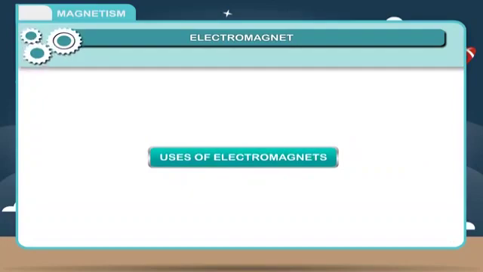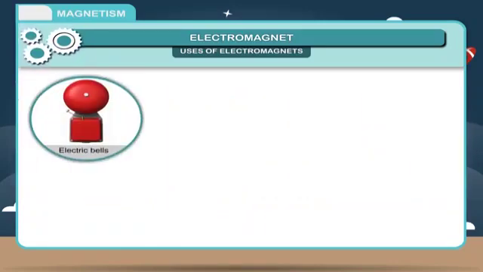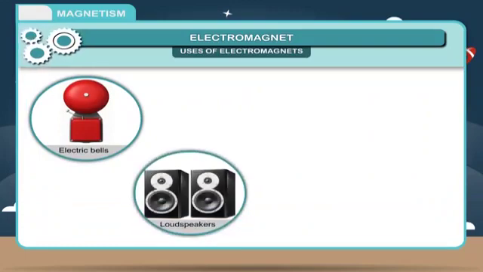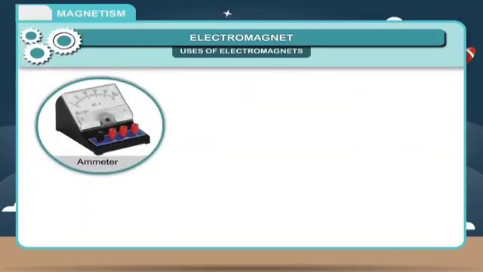Uses of electromagnets. 1. Electromagnets are extensively used in industries and scrapyards to lift heavy loads like metal scrap and machinery parts. 2. Electromagnets are used in constructing electric bells, loudspeakers, generators, and electric motors. 3.